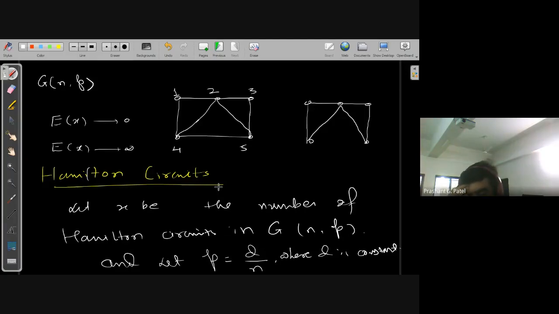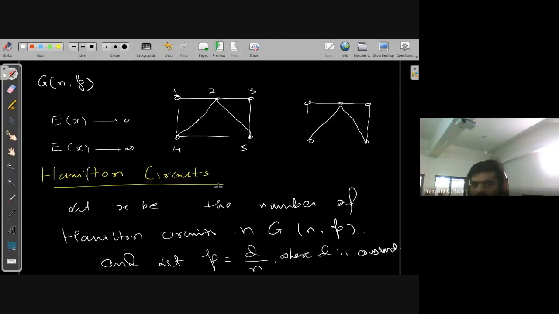Now, what will be the expectation of the number of Hamiltonian cycles? What is the potential Hamiltonian circuit in the graph? How many potential circuits will there be if there are only three vertices? Here we have n vertices.